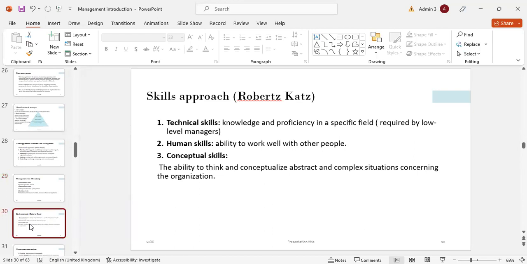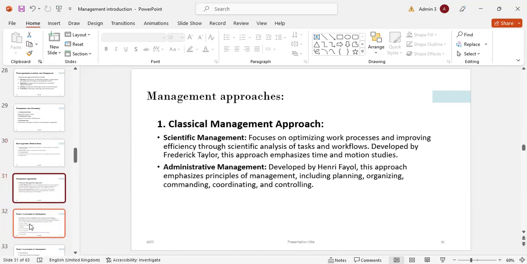A third approach is the skill approach: technical skills, human skills, and conceptual skills. Technical skills are knowledge and proficiency in a specific field required for low-level managers. Human skills, the ability to work well with other people. Conceptual skills, the ability to think and conceptualize abstract and complex situations concerning the organization.